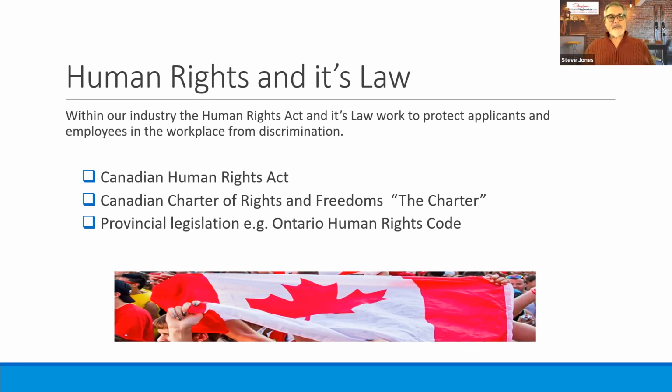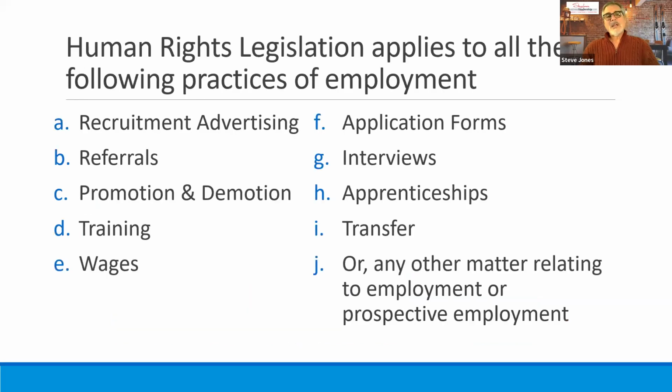And then we've got the various provincial human rights codes or laws in each province. So in this example, the Ontario Human Rights Code, which applies to the provincially regulated businesses. So we're going to use that today, and I apologize for those people from British Columbia and Alberta who are on the line.